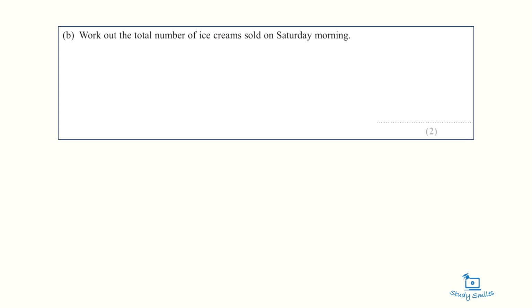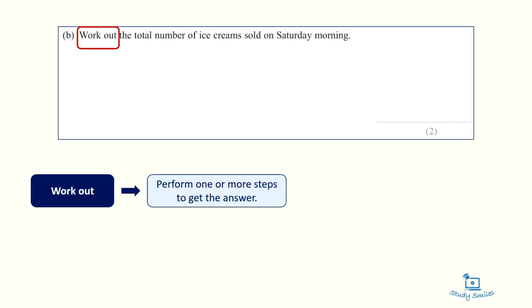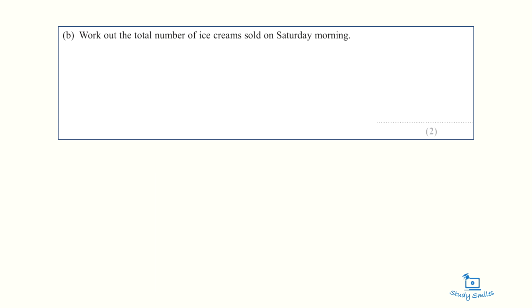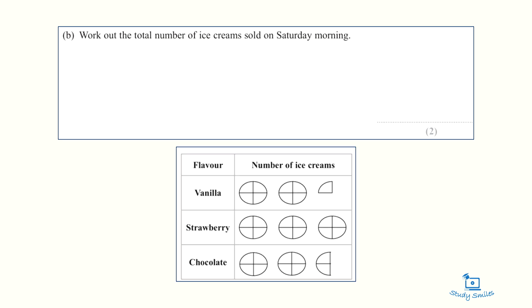Part B asks us to work out the total number of ice creams sold on a Saturday morning for 2 marks. Now the command word work out requires us to perform one or more steps to get the answer. So we need to total all the ice creams from the pictogram, including the 20 chocolate ice creams that we have just drawn in.